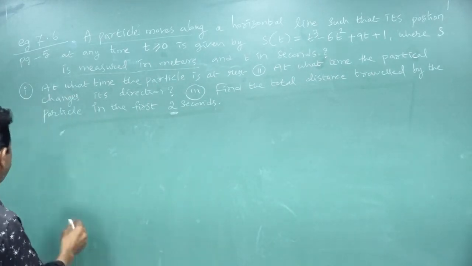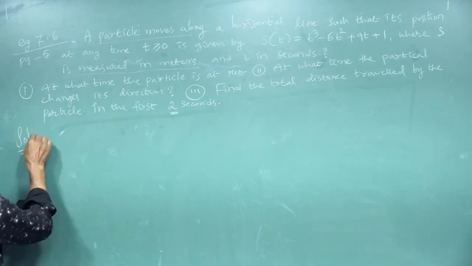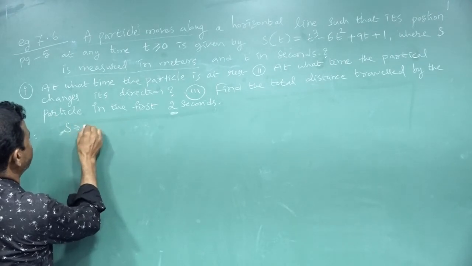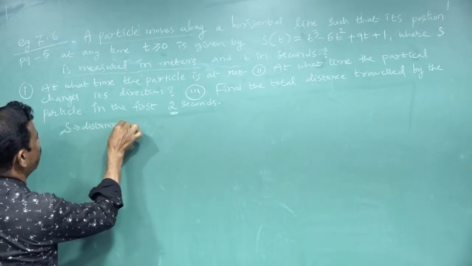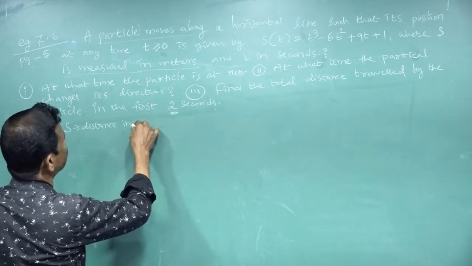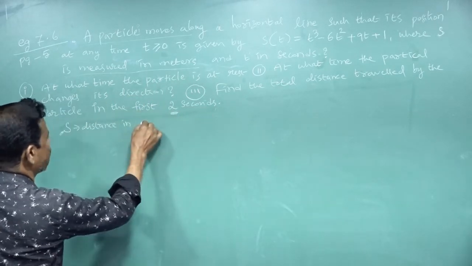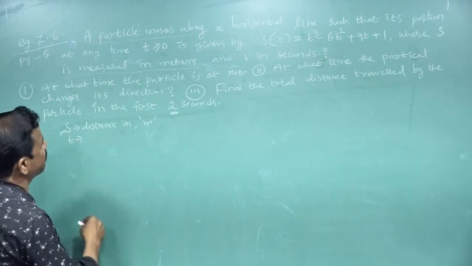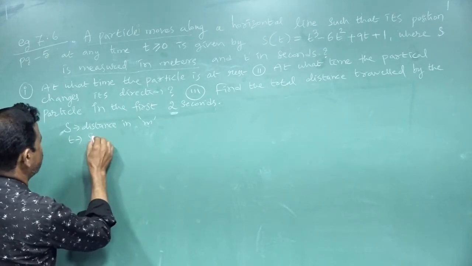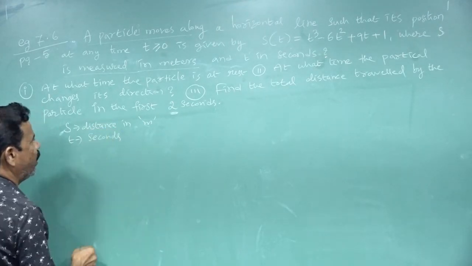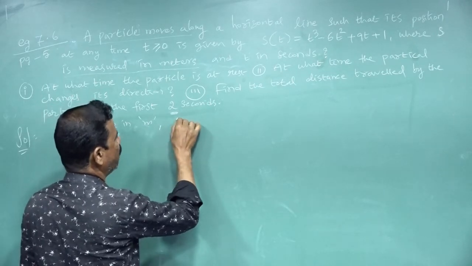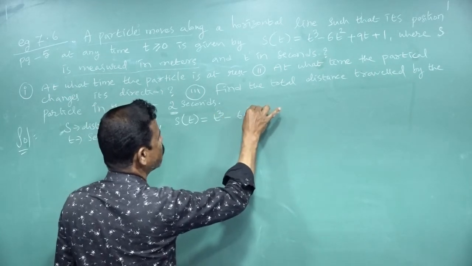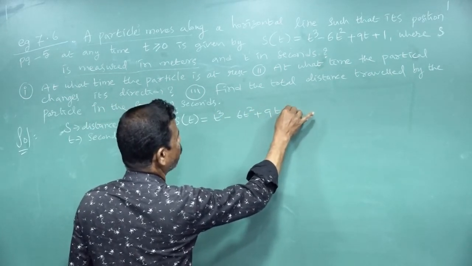Okay, so here solution, here S is the distance in meters, m, and t in seconds. That function, what function? S of t is equal to t cube minus 6t square plus 9t plus 1.